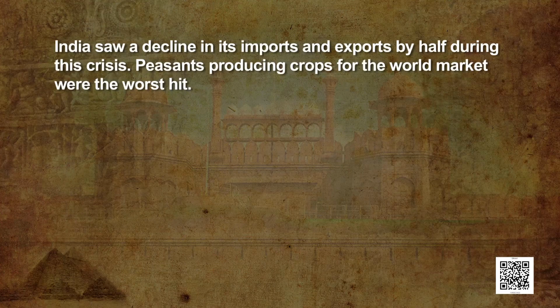And where was India in all this? India saw a decline in its imports and exports by almost half during this period of great economic crisis. Peasants producing crops for the world market were the worst hit. And who are these peasants who are producing agricultural goods for the world market?